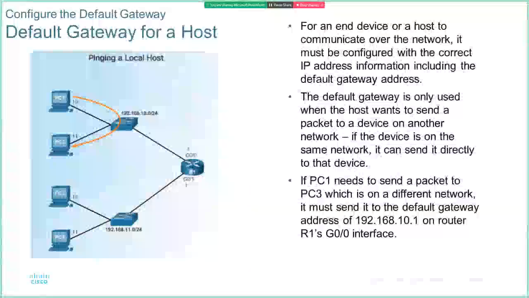It doesn't need to go up to the default gateway or anything like that, because it's on the same network. So 10 can communicate with 11 directly via the switch. The router or default gateway does not need to get involved at all. The host is using its internal routing table to work that out.